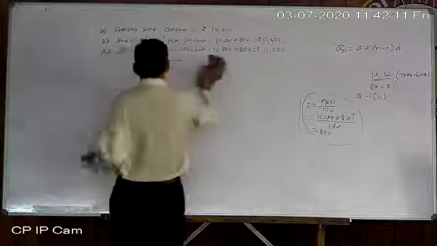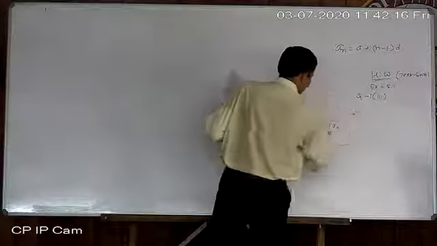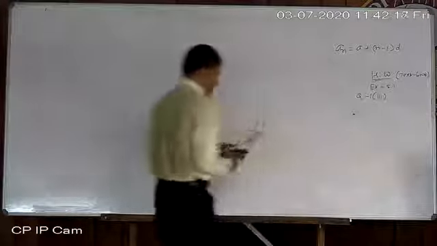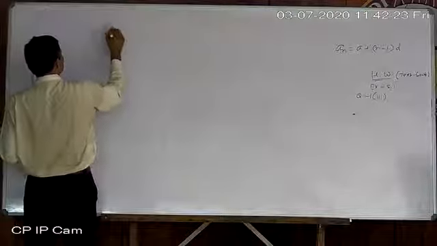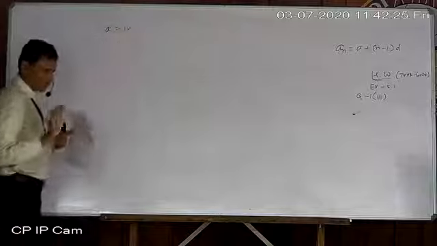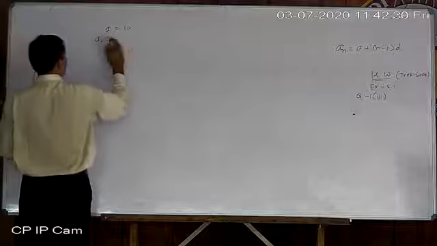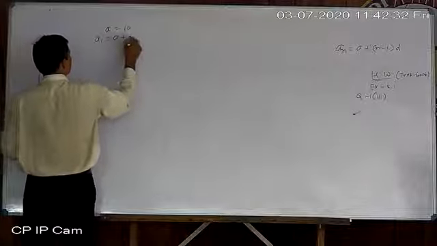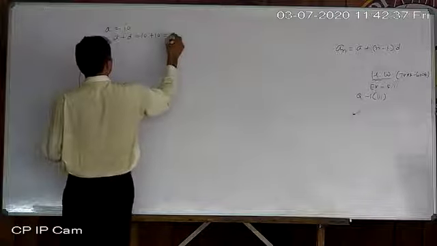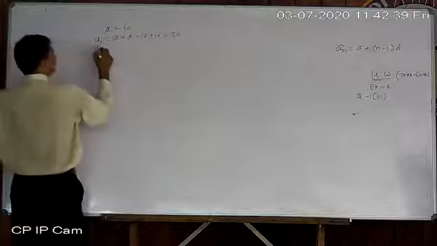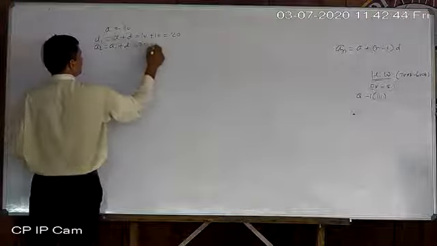So here look at the second one first. A equal to 10, D equal to 10. A is the symbol of the first term. Then A2 equal to A plus D, 10 plus 10, both are 10, A as well as D. Now A2 is nothing but A1 plus D, is equal to 10 plus 10, 20. Then A3 is A2 plus D, 20 plus 10, 30.